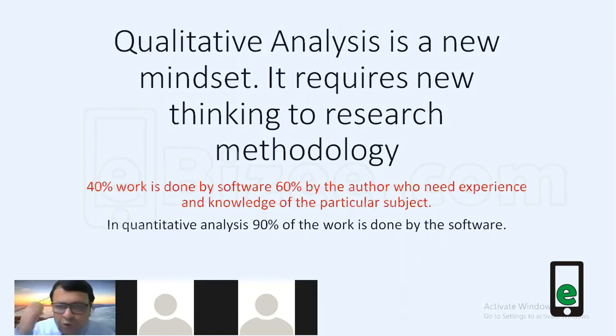What it requires is new thinking about research methodology, right? So 40% of the work is done by the software in qualitative analysis, and 60% is the knowledge and the experience of the author. And of course, they need experience and knowledge of the particular domain, the particular subject.